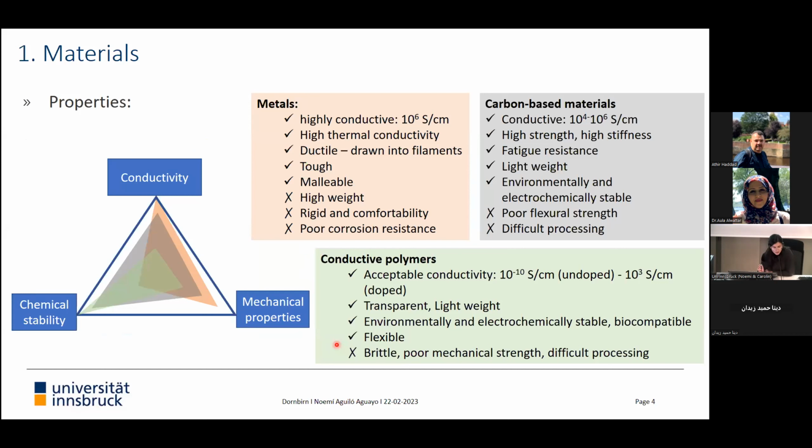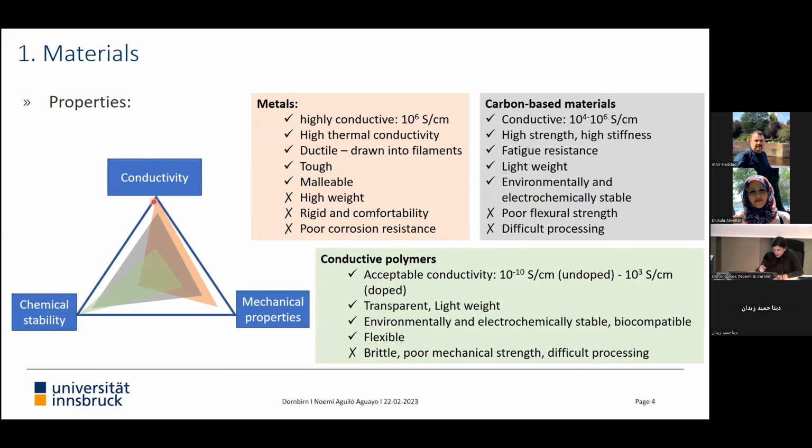We can classify these materials by three main properties: the conductivity, the mechanical properties, and the chemical stability. Each of these materials has its own advantages and disadvantages. We start with the metals.